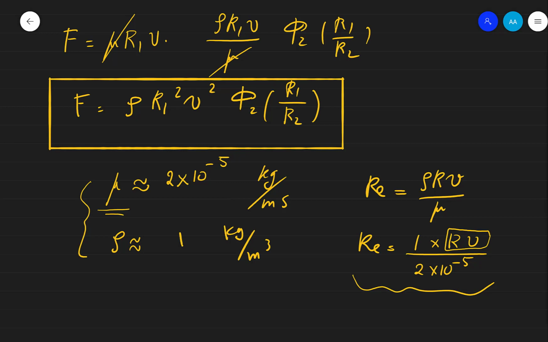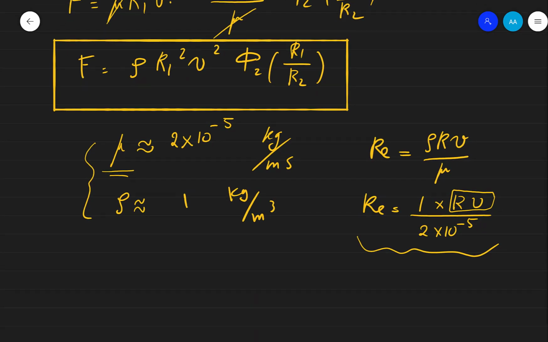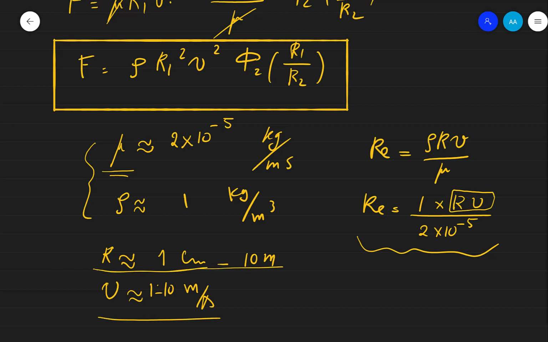Otherwise, for most objects, for example, for a raindrop or parachute, the R for the raindrop is about several millimeters, or for a large raindrop it is 1 centimeter, or if the velocity is about several meters per second, for example 1, 2, 3, 1 to 10, then the Reynolds number is about 10 to the power 4, 5, 6, depending on the characteristic length and the velocity.